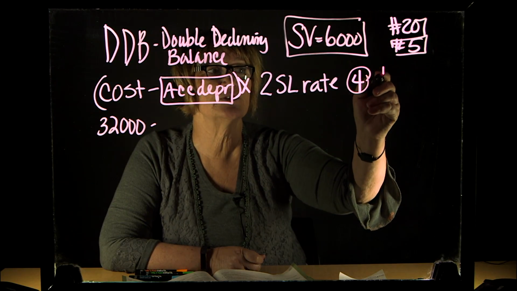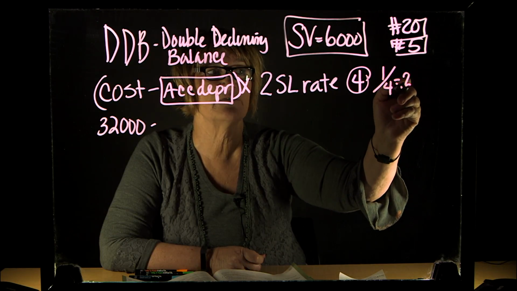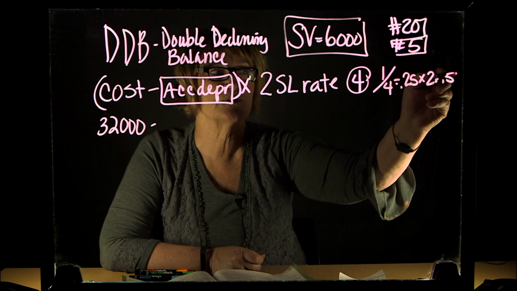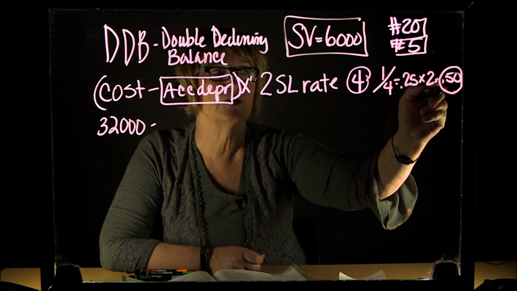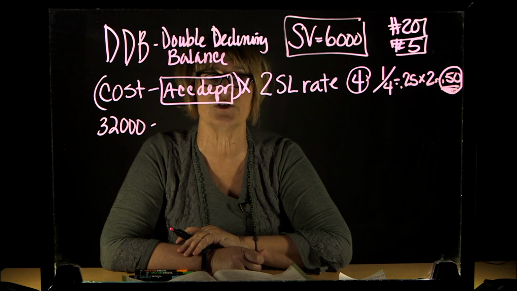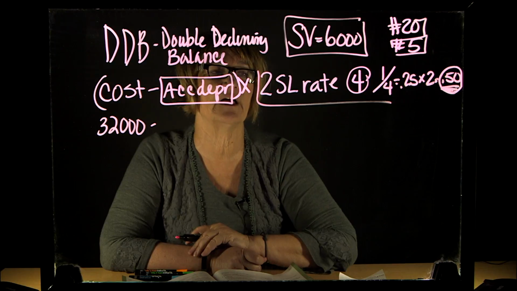And so what you do is you take 1 divided by 4, which equals 25%, times 2 equals 50%. So every year you depreciate, you're going to take 50% depreciation. So that's how you compute the rate.